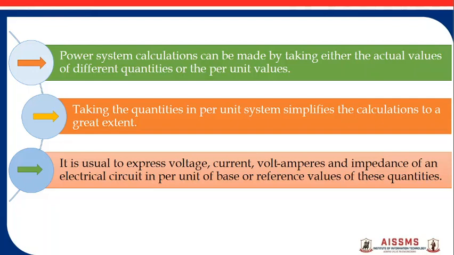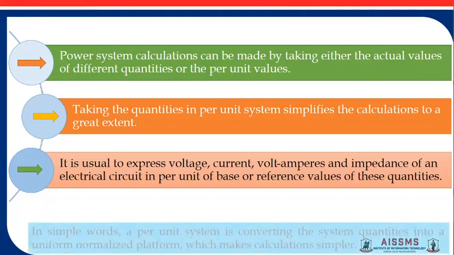If I take the quantities in the per unit system, it will simplify the calculations to a great extent, and it is usual to express voltage, current, volt amperes, and impedance of an electrical circuit in per unit of the base or a reference value of these quantities.